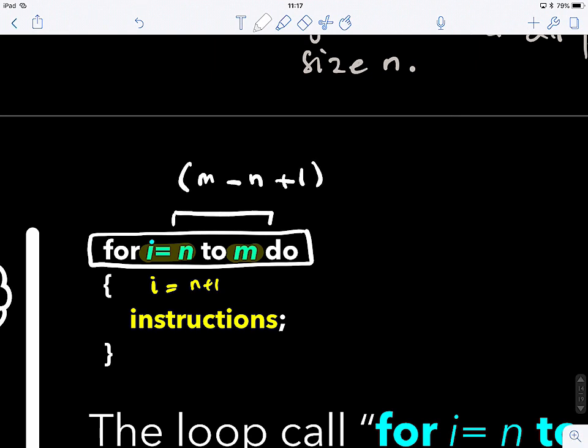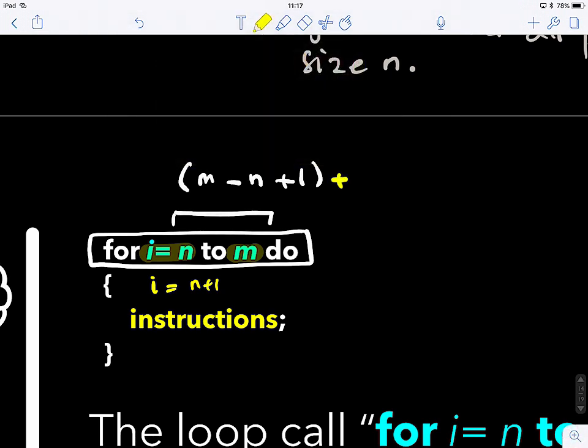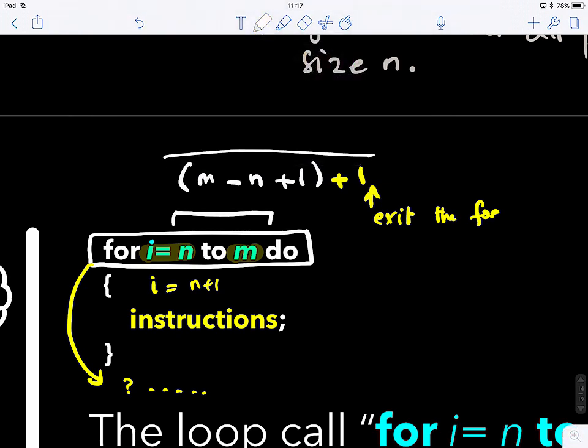This is the number of times the instruction will run, plus another one to exit the for loop. The algorithm needs to go over the boundary to know I'm not within this range. I have exceeded m, so now I need to exit the loop. It's going to skip over and go to the next instruction. So plus 1.